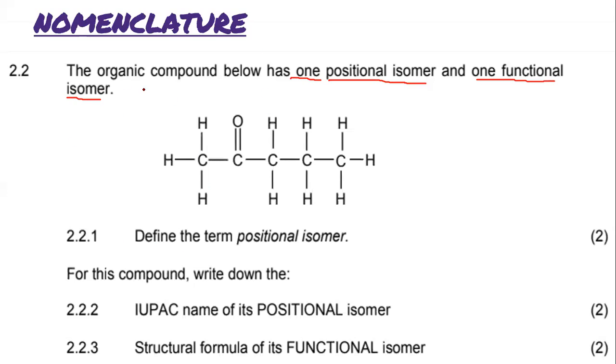Now, when you see that statement, my dear learners, you must already be thinking about what is an isomer, firstly, or what is a structural isomer, and also be thinking about what is a positional isomer and a functional isomer, and what are the differences altogether. Now, we are required to define the term positional isomer.